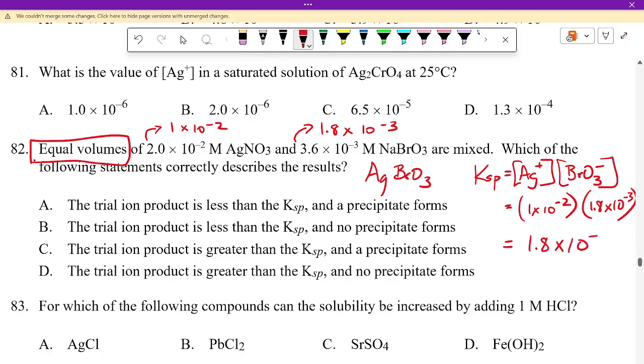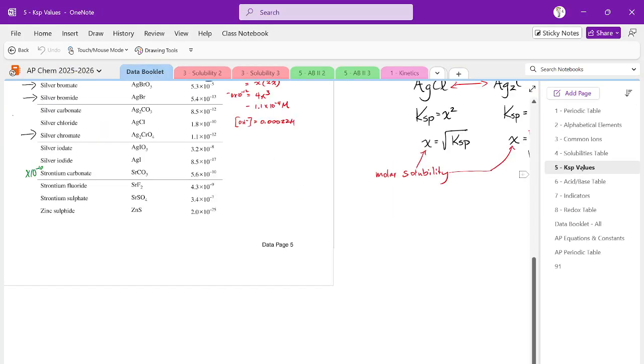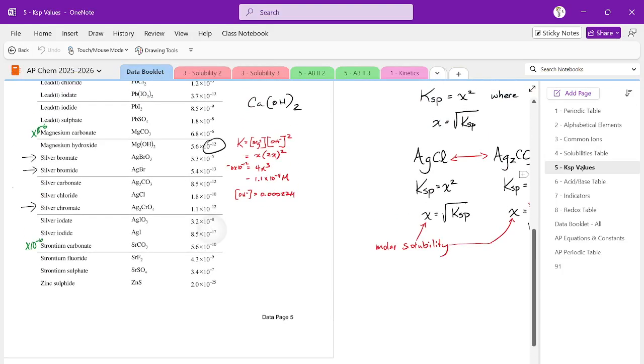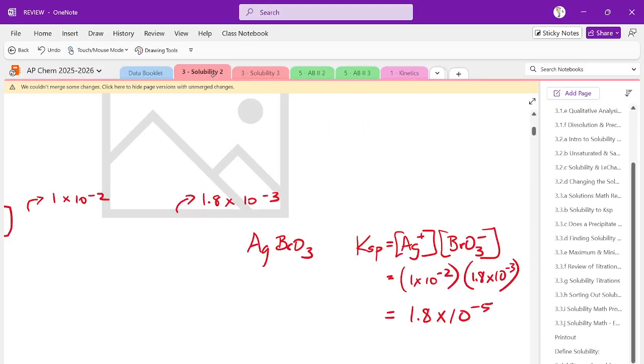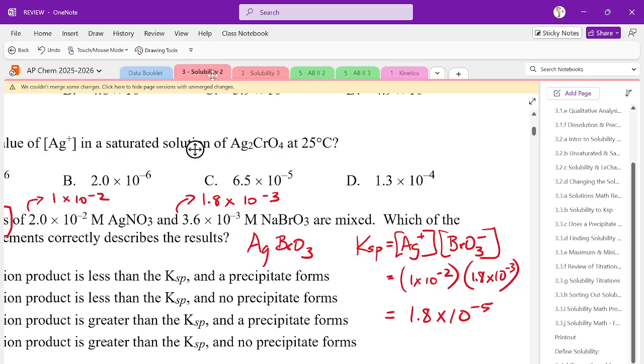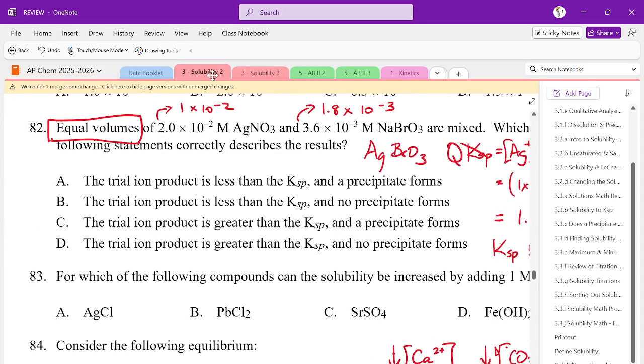And then we would have to compare that with silver bromate, which is 5.3 times 10 to the negative 5. Oh, sorry, this was not KSP, this was Q. KSP was 5.3 times 10 to the negative 5, and so Q is less than KSP, and no precipitate forms.